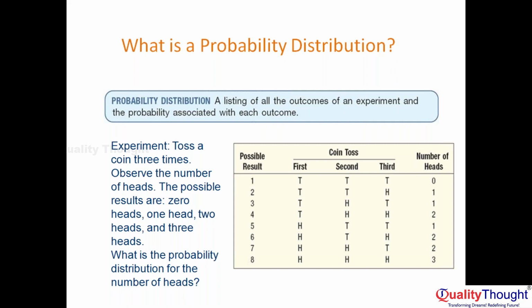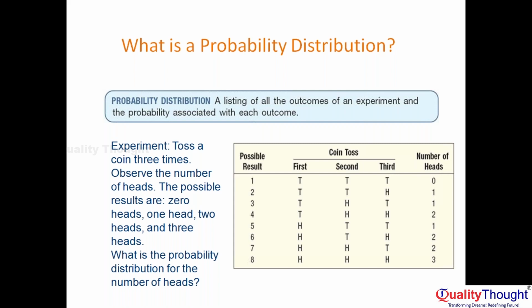The probability of having 0 heads, the probability of having 1 head, the probability of having 2 heads, the probability of having 3 heads. This is the max probability, and the minimum probability is the probability of having 0 heads. So from 0, 1, 2, 3, we have to make a probability distribution.